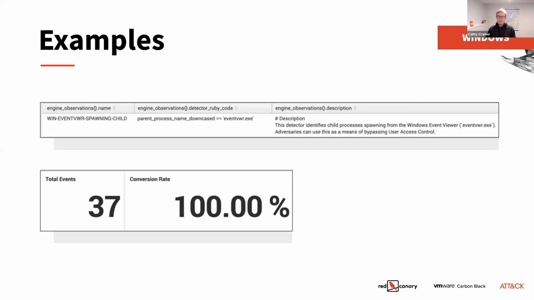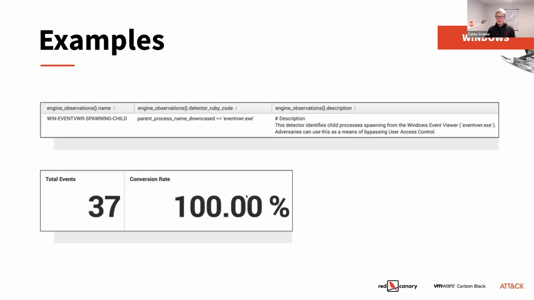On average, we're processing around 30 terabytes of endpoint data a day. And in the last year, we've seen only 37 times that we caught EVENTVWR spawning a child, and 100% of the time that's been malicious activity.